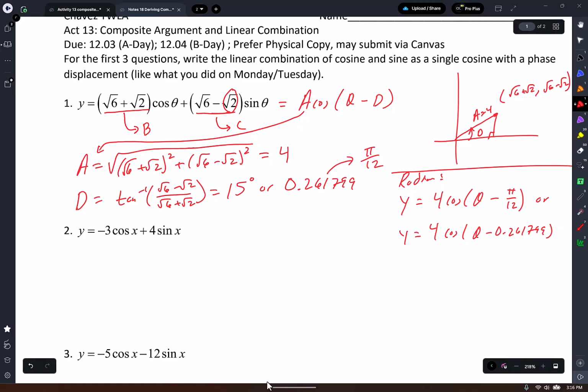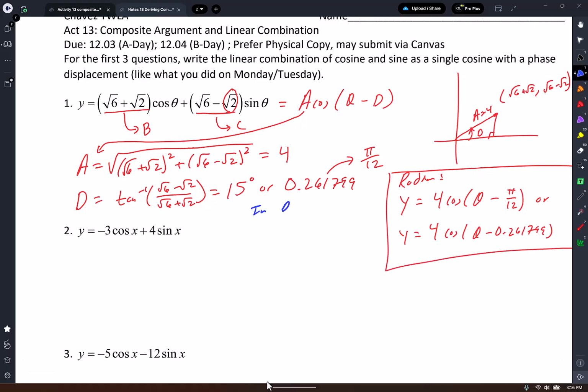That's radian mode. If you're in degree mode, it would be y equals 4 cosine theta minus 15 degrees. Any of those three would be correct if I see it, especially if I don't tell you what mode to be in. But there it is.